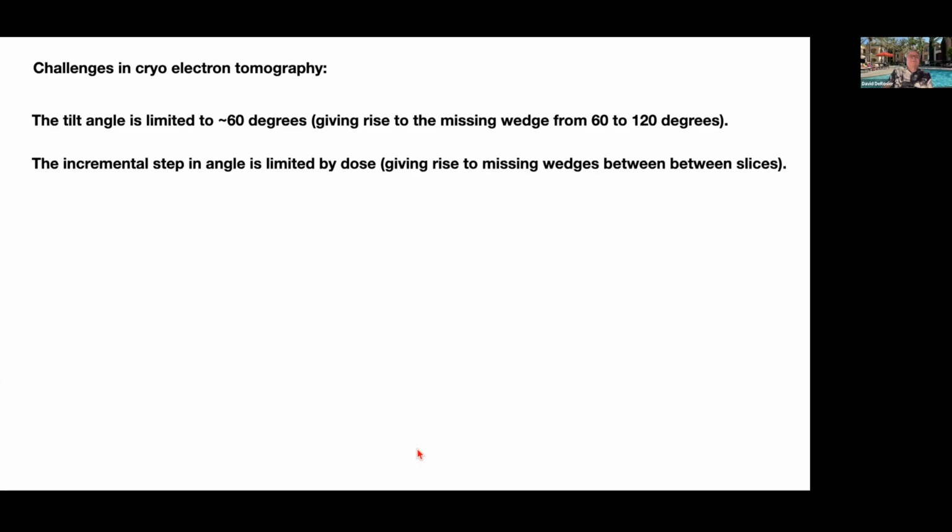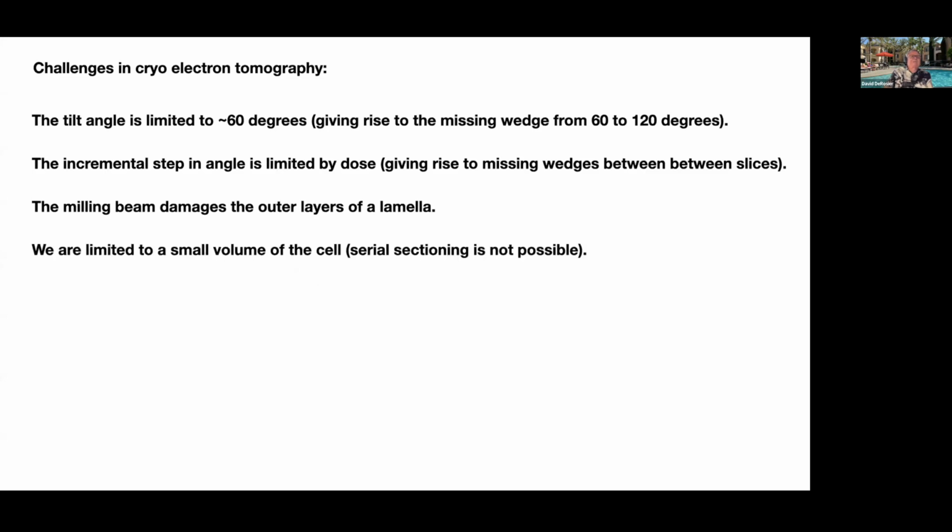Also, the incremental step between each tilt gives rise to missing wedges between the slices. The milling beam damages the outer layers of the lamella. Very nice work by Bronwyn Lucas and Nikolaus Grigorieff showed that there is some damage to about 50 nanometers into the lamella. And you're limited to a small volume of the cell.